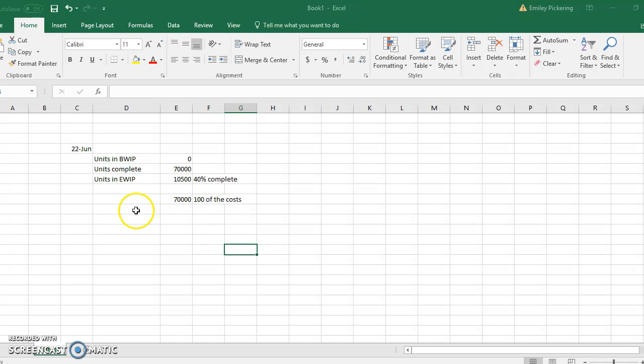So 70,000 units, and then I've got 10,500 units that are sitting in my work in process 40% complete. So I can make the assumption that I have incurred 40% of those costs. So I'm going to take my 10,500 and multiply it by 40%. So then my equivalent units of production is going to be both of these together, which is 74,200. So that's my equivalent units.